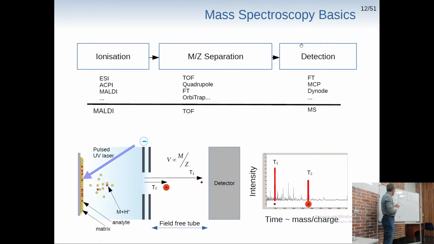Let's say we have here 5 kilovolts of extraction, and here the gap is just 1 centimeter. So we have 5 kilovolts per centimeter of electric field. Compared to our gravity, it's nothing. It will just shoot in this direction with really high speed, right?